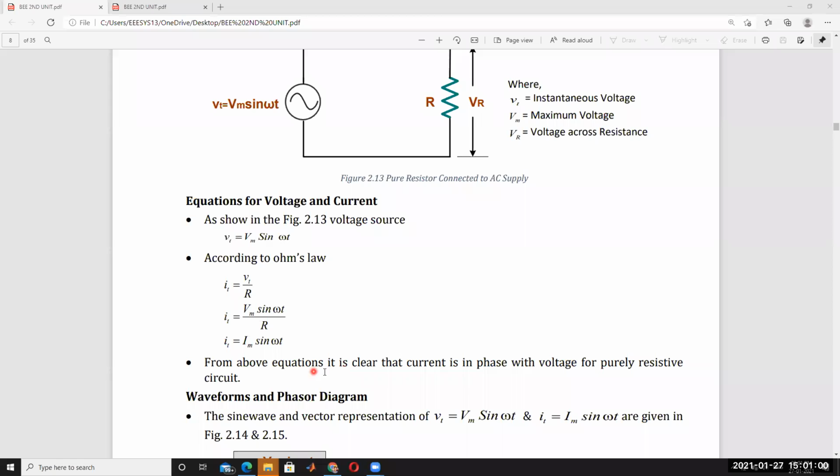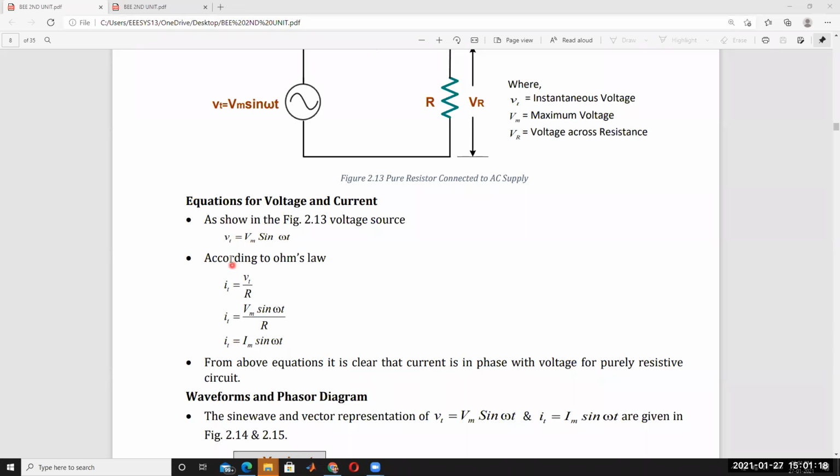From the above equations, it is clear that current is in phase with the voltage for a purely resistive circuit. So v of t is equal to Vm sin omega t plus 0, and similarly i of t is equal to Im sin omega t plus 0.